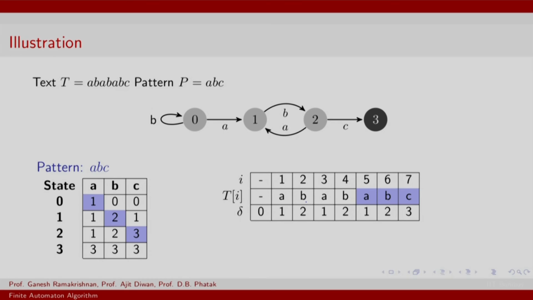So A, B, the next A takes you back to 1, the next B takes you back to 2, and then you do another A for which you go back to 1, a B which takes you back to 2, and now finally you are at state number 3 when you see a C. So the match was just ABC, and we avoided going back to 0 all the way when we saw these A on 2 occasions. So we did save at least 2 computations or matches which a brute force algorithm would have incurred.